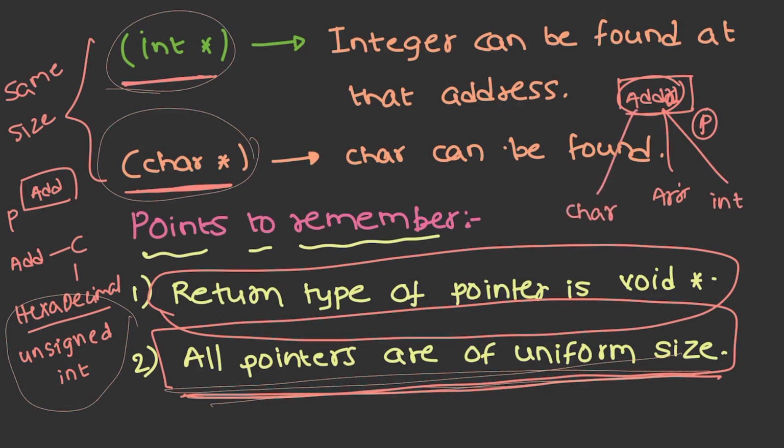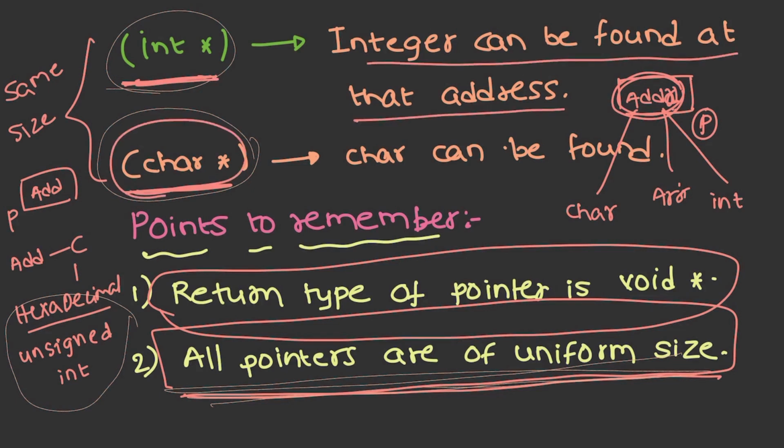So how do you distinguish what is at this address location? That can be distinguished with the help of the type of pointer. If it is an integer pointer, an integer can be found at that address. If it is a character pointer, then a character can be found at that address. Similarly, if it is a pointer to an array of integers, then it will lead us to an array of integers. As simple as that.